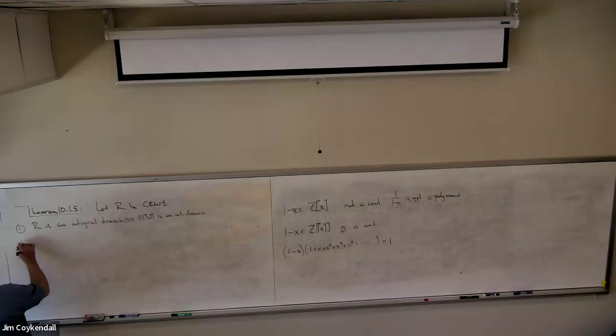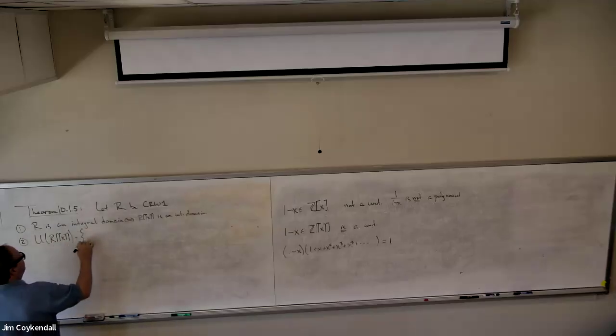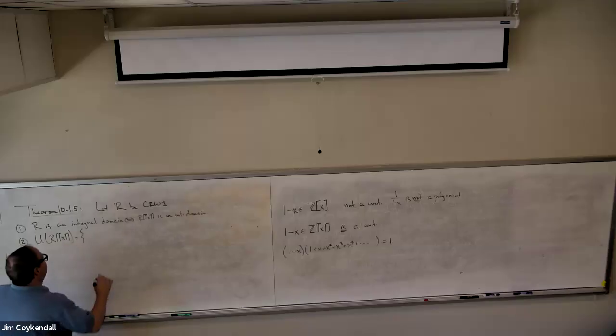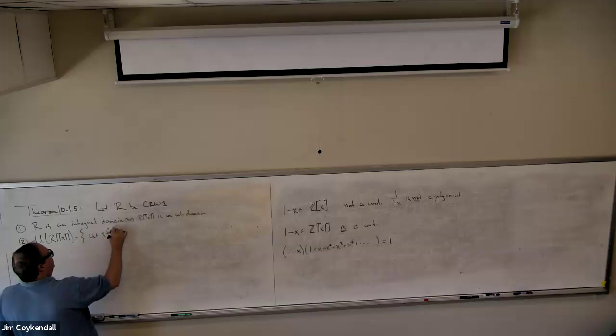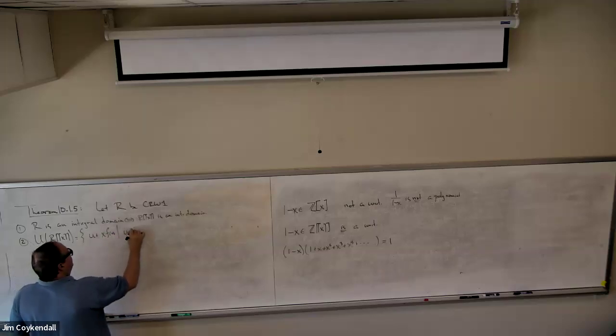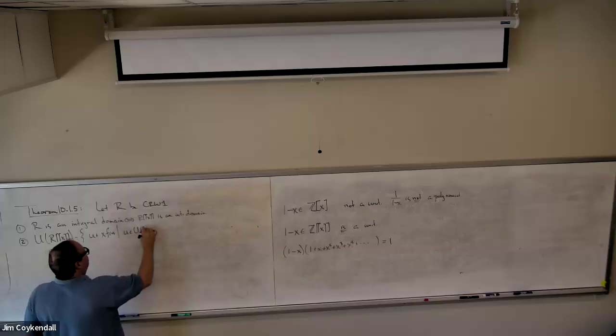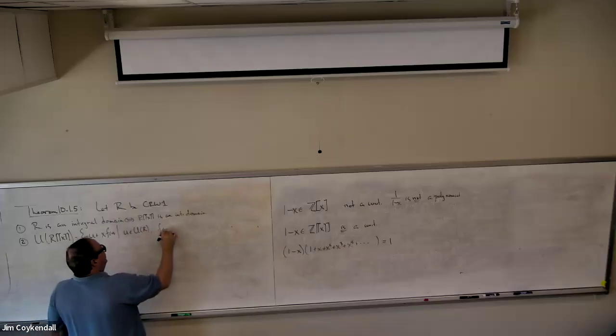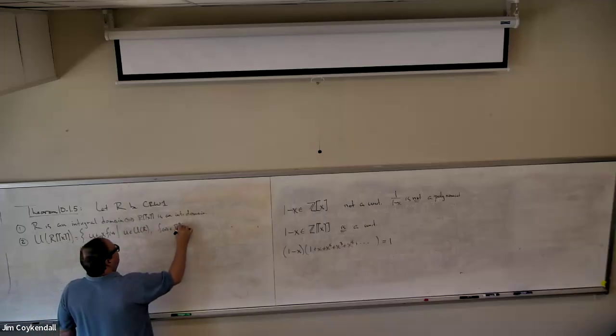The units are different. As we pointed out here, we can see that units are different. What do the units of R[[x]] look like? Well, they're much bigger. They're all power series u plus x f(x), where u is a unit in R and f(x) is any power series.